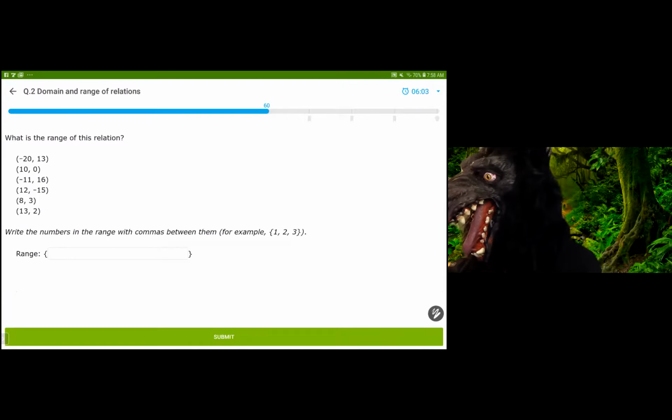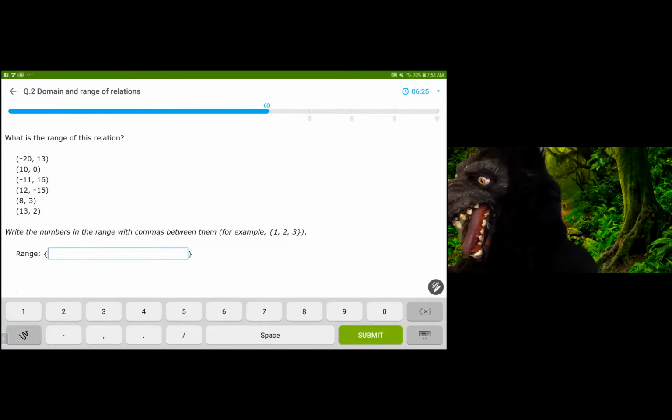And we're almost to the proficient level. I think I'm only going to go to proficiency for this one. It's getting a little bit stuffy in here. Let's see, what is the range of this relation? Let's see if it's a function before we start. And it is a function. There are no x's that go to 2 different y values. So we want the range, which is all of our y values.